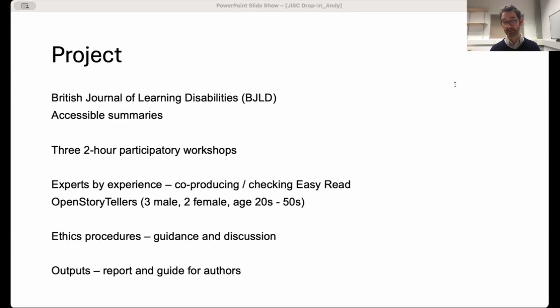We provided an information sheet prior to the workshops, in Easy Read, of course. But we also held open and quite frank discussions at the beginning and the end of each workshop around the process and everything. And project outputs were a report and a guide for authors.